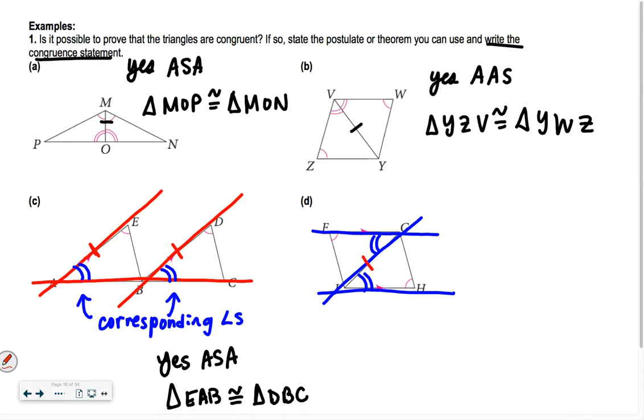Reflexive property. So then I'm going to have, I covered up my letters now, I can't see what they are. So I'm going to have triangle FGJ is congruent to triangle HJG. Does that make sense? So this was yes by what? Angle, angle, side. Are you with me? Do you guys understand this?